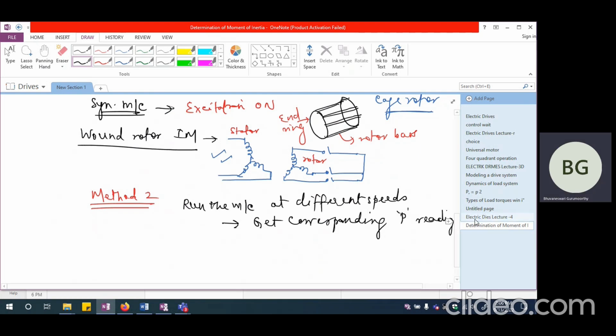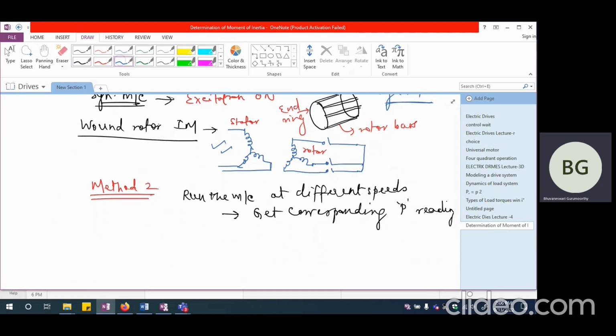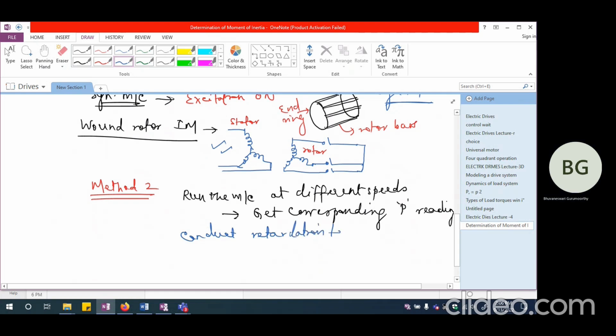So you are going to get the power loss reading at different values of speed. And the second thing you are going to do is to conduct the retardation test.